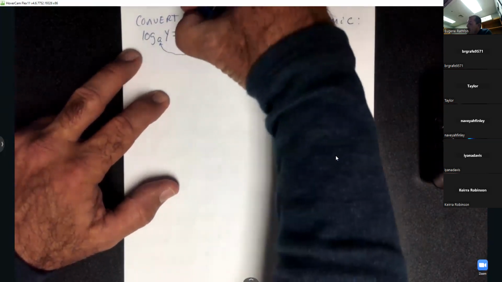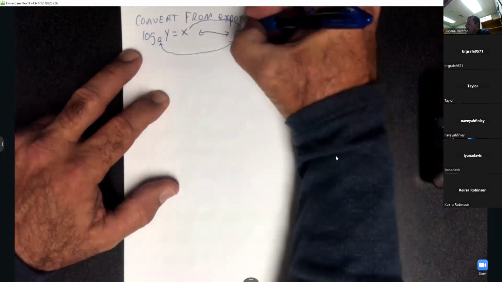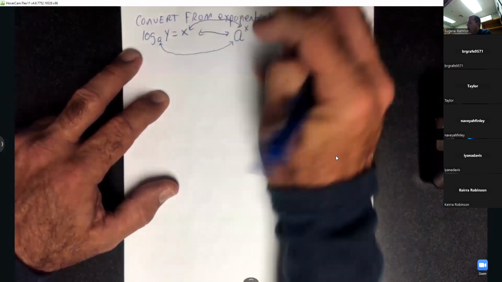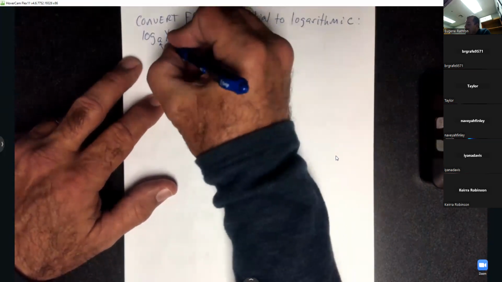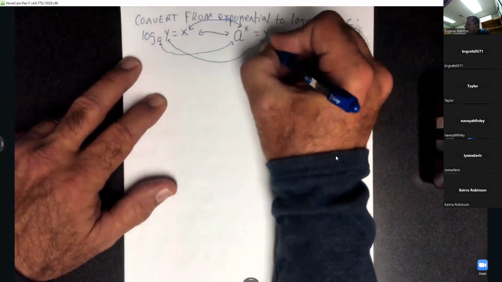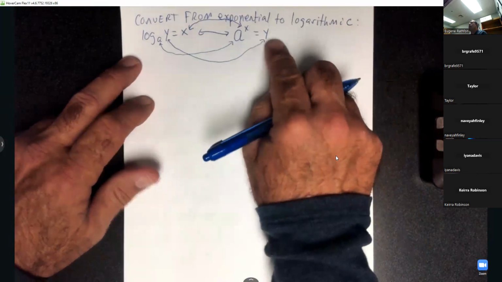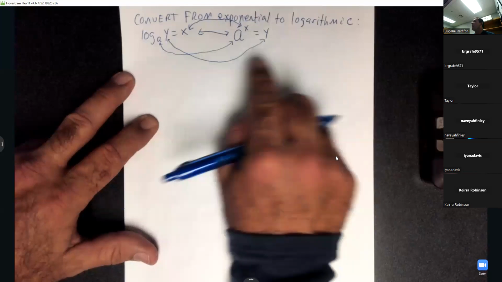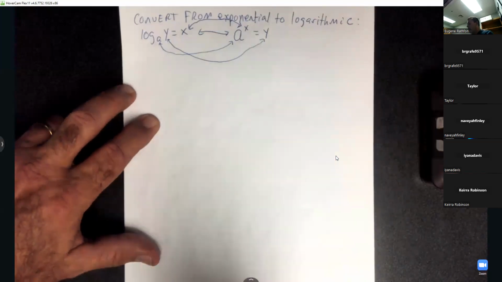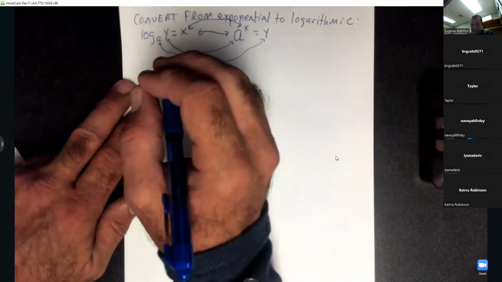The exponent that the log finds is the same as the exponent on the exponential form. And then your result is the same as the result of the exponential. So you're just matching stuff up on these and putting them where they need to go.